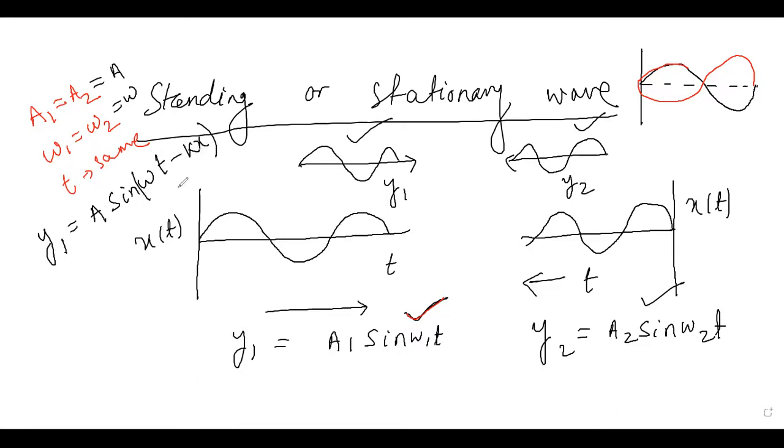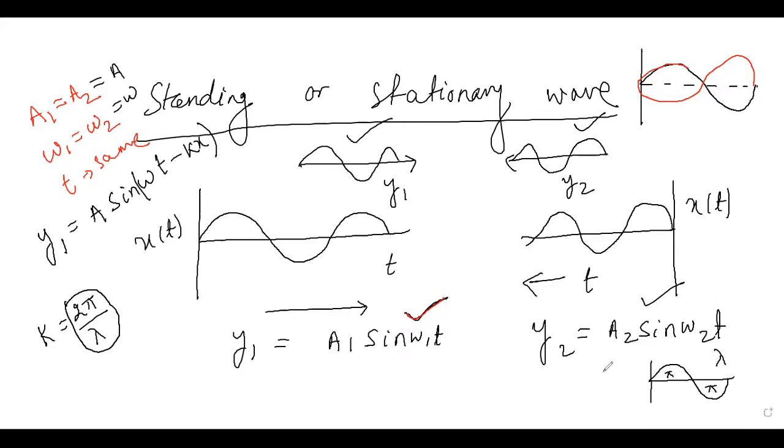This k is given by k equals 2 pi by lambda, the propagation constant or wave vector. 2 pi by lambda is the phase per unit distance: 2 pi is the total phase for a full cycle, and the corresponding distance is lambda. This is pi, this is pi, and 2 pi corresponds to lambda.